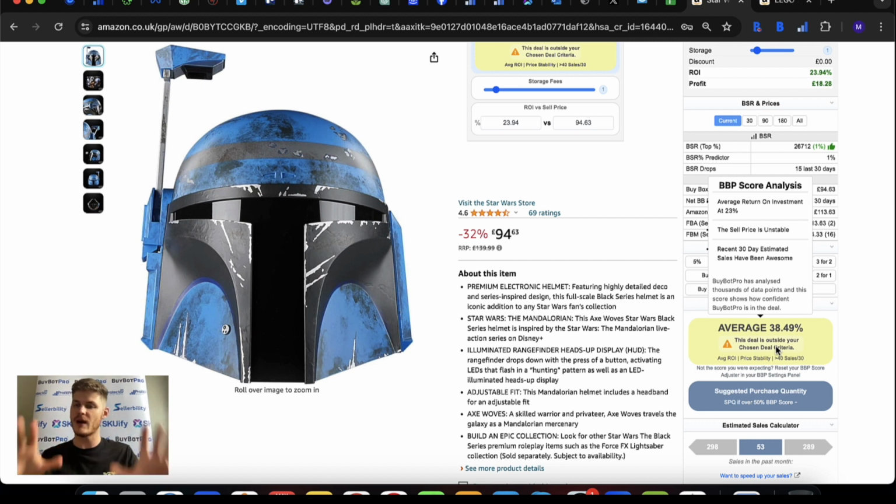Regardless of whatever score we get, it's just the top three things to consider. So even if we got a good confidence score and it says the sale price has been known to be unstable or something like that, it's not saying this is a great deal but don't go ahead with it. It's just letting you know that yes, this is a great deal, but be wary of that.